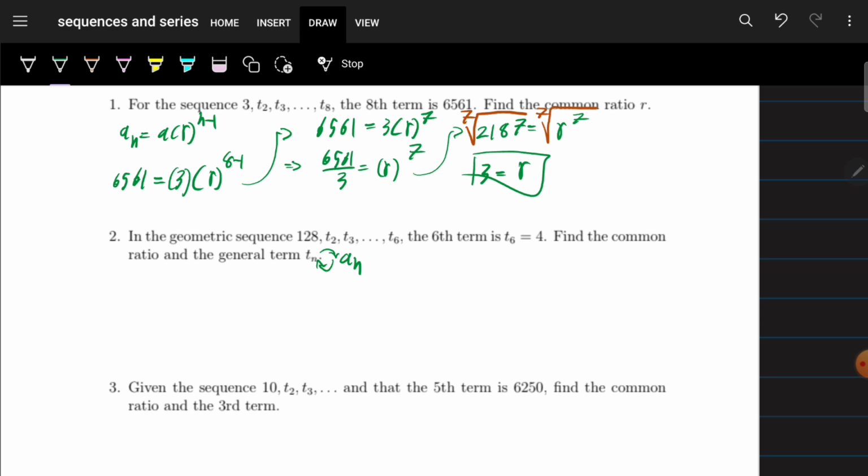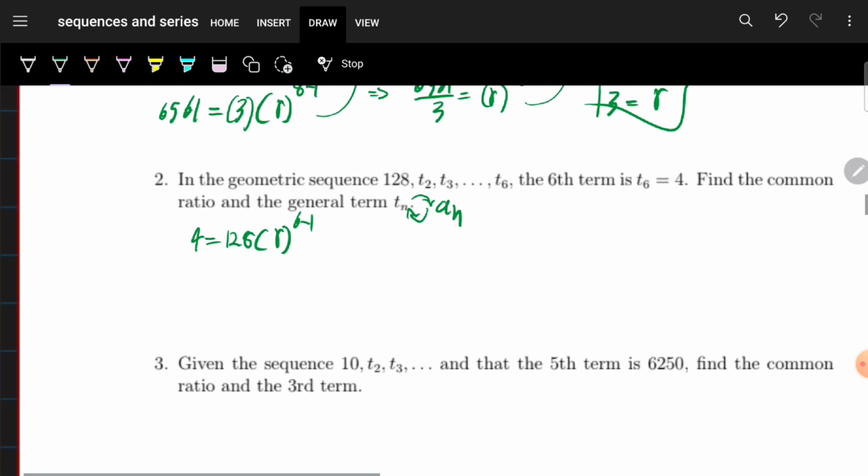So we'll use the same exact strategy. I know that the 6th term is 4. The first term is 128, the common ratio we're trying to find. And this is the 6th term, so we do 6 minus 1 here. So I'll divide both sides by 128.